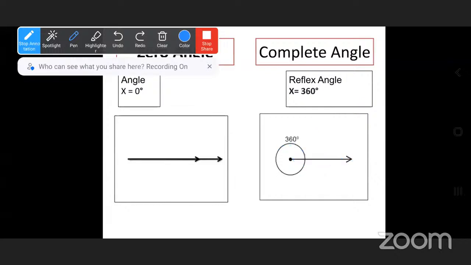You can see here this denotes that it has completed one full rotation. Okay, that is, it is 360 degree. Whereas in this diagram, you can see nothing is given. This shows that it is 0 degree, and here this indicates that it is 360 degree. And an angle with 360 degrees is called a complete angle. We call it a complete angle.